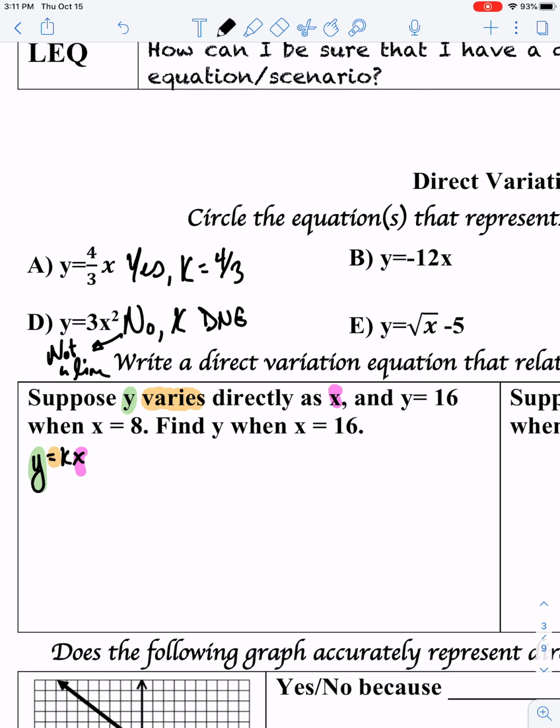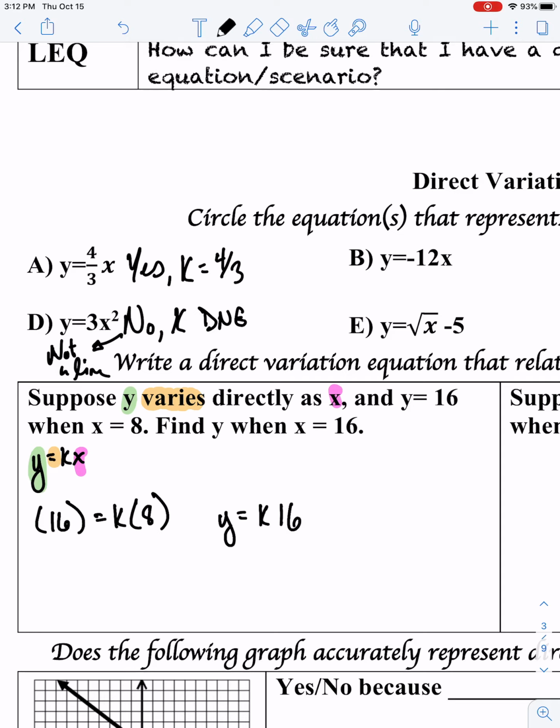Now you just plug in the values they give you. So y is 16. K, again, I'm going to need to solve for because I'm given 8. Find y when x is equal to 16.